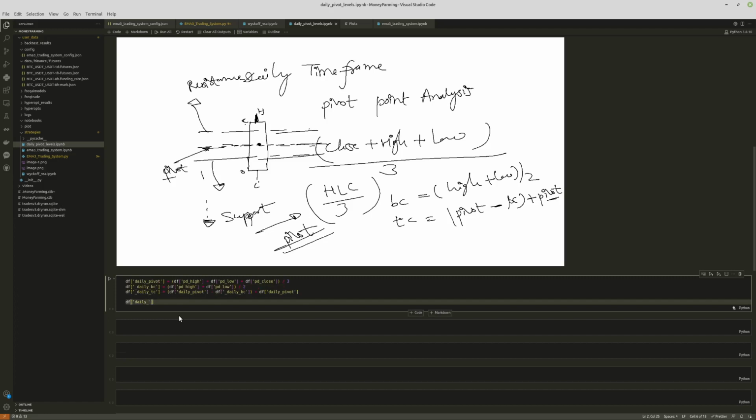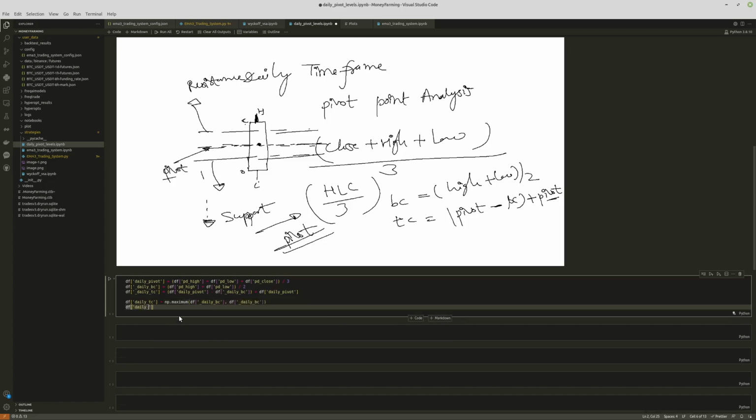So that's how I categorize it. And so I basically take the maximum of daily TC and daily BC, and daily BC is going to be np dot minimum of daily BC and daily TC.